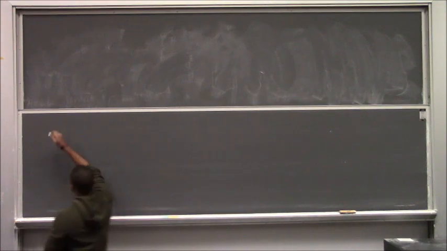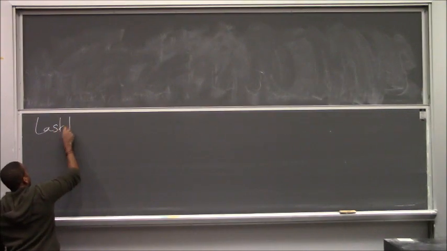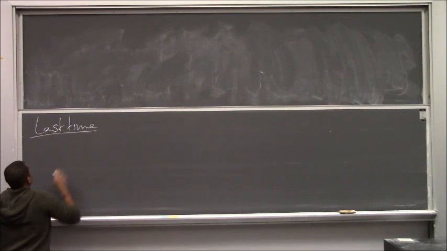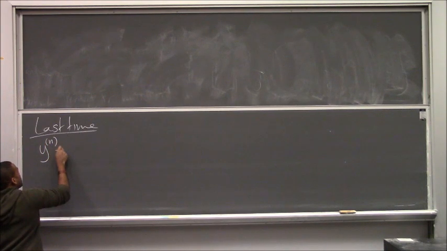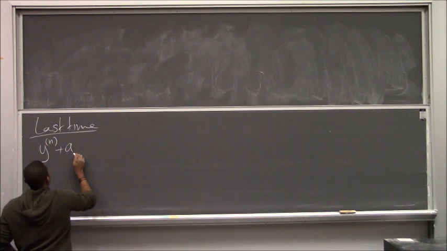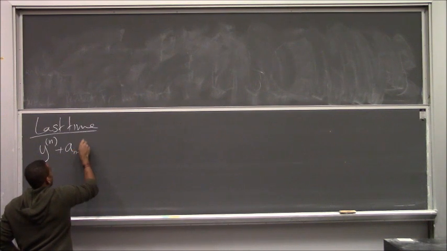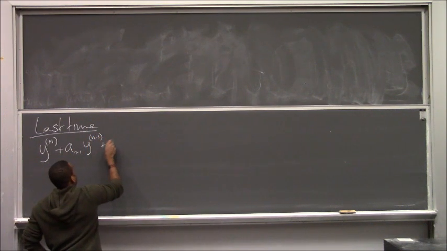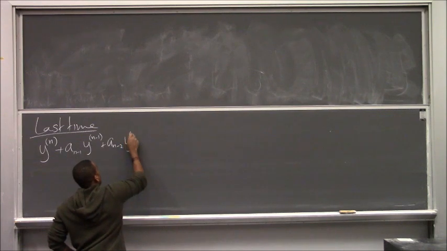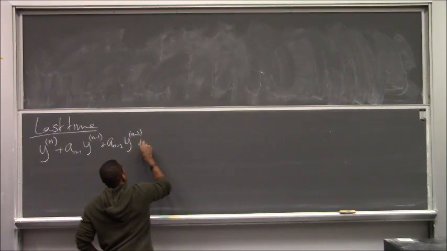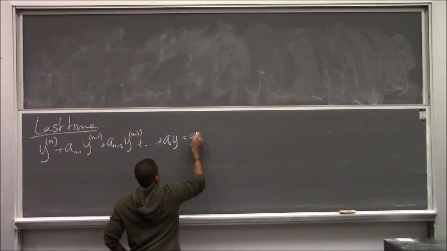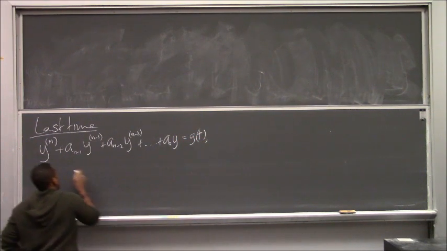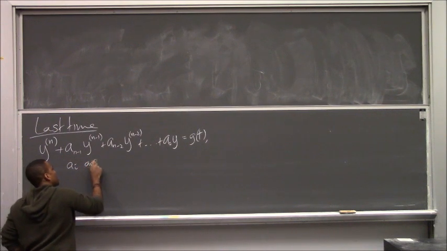And so last time we saw that if you have y to the n plus a_{n-1} y to the n-1 plus a_{n-2} y to the n-2 plus ... plus a_0 y equals 0, where the a_i are constants.